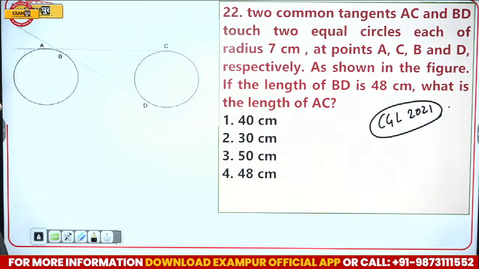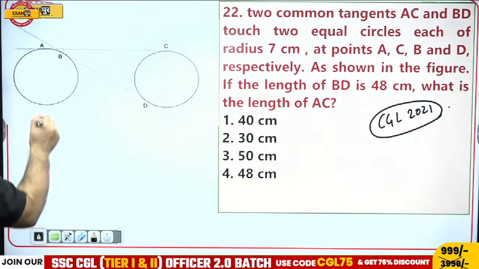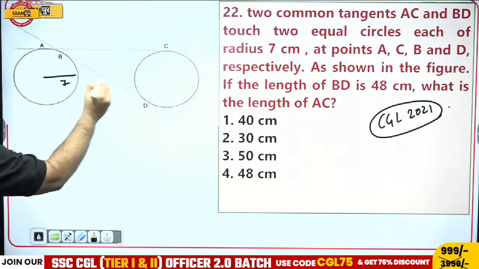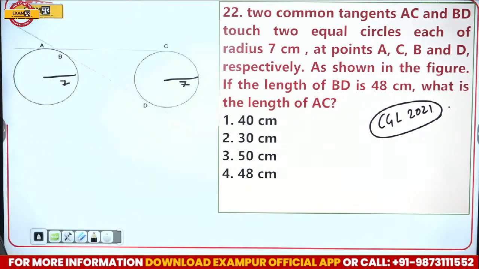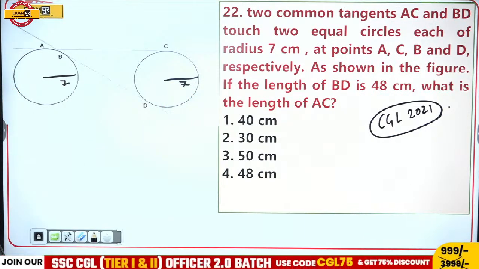Two common tangents AC and BD touch two equal circles, each of radius 7, at points A, C, B, D, as shown in the figure.